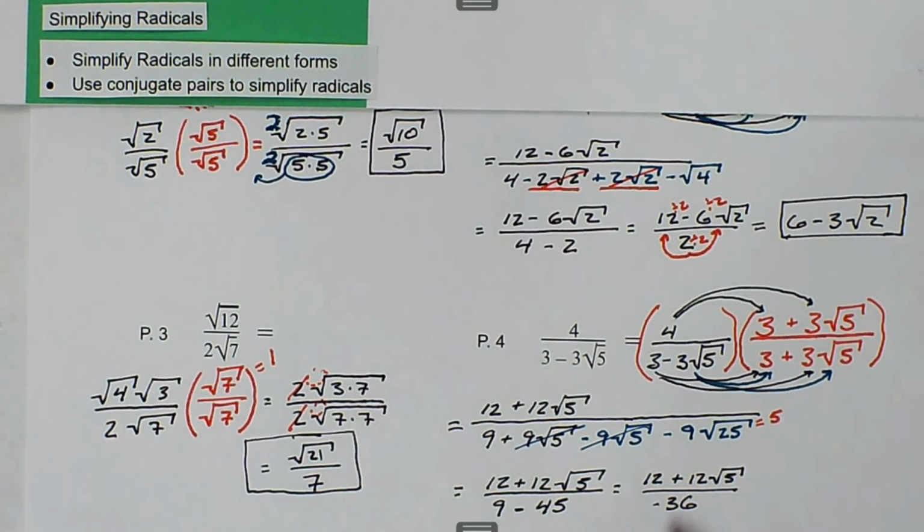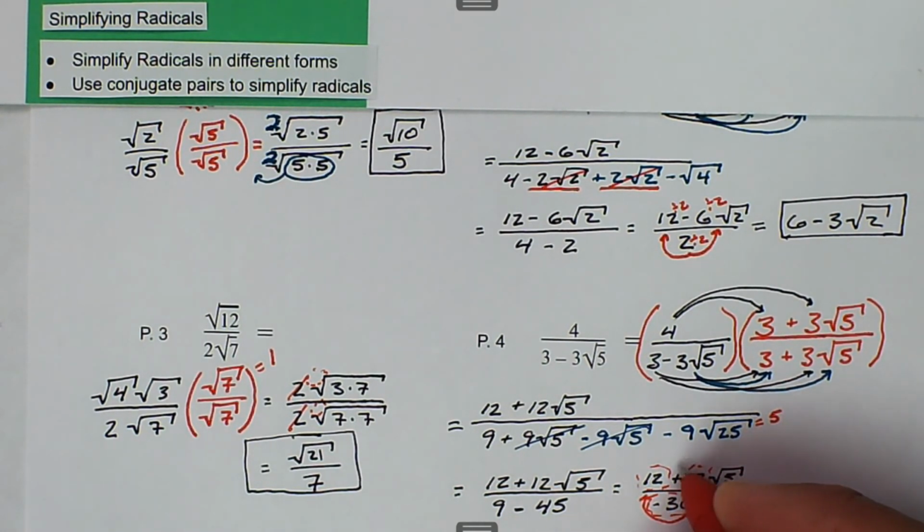And now we can see, do we have anything in common? And here we do have something in common between the numerator and the denominator. So we can divide everything. We have a 12 and a 12 and another 36 that can also be divided by 12. So we can divide all of these by 12.